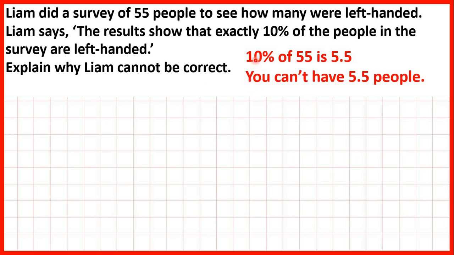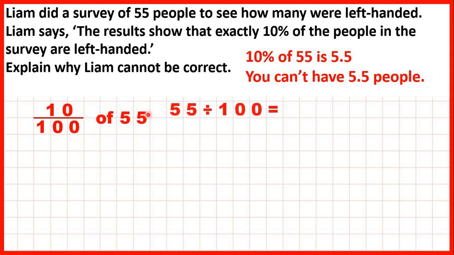The way we can work out 10% of 55 is by remembering that a percentage is a fraction with a denominator of 100. So we could find 10 hundredths of 55. 55 divided by 100 is 0.55, because if it's a whole number, we can put the decimal point on the end, copy it down, and then move the digits 2 squares to the right.